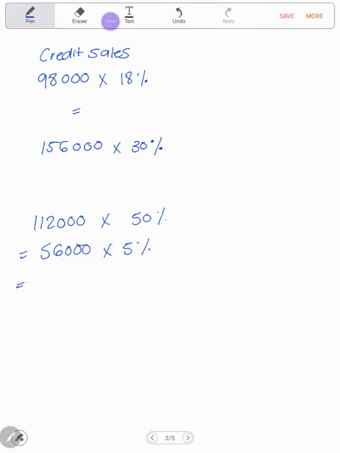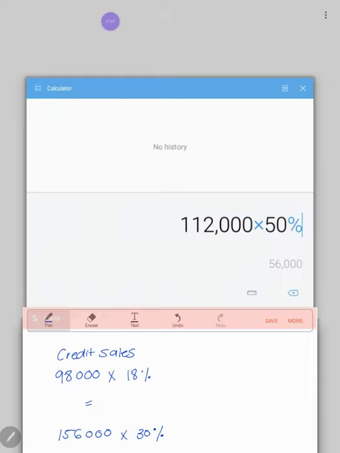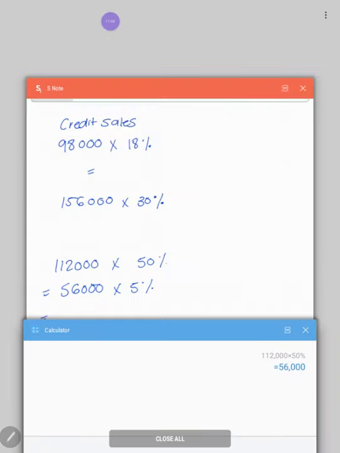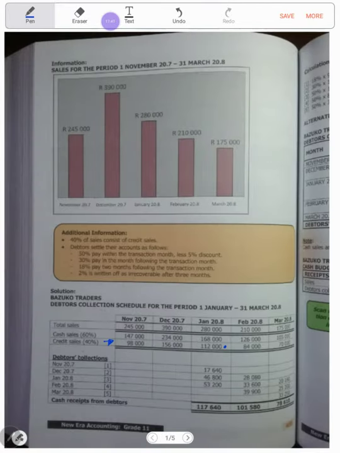So how will we know what is 5% of 56,000? We're going to take 56,000 times 5%. We're going to have to subtract 2,800. So subtract 2,800. Our collections from our debtors in the same month will be 53,200, which we have over there.